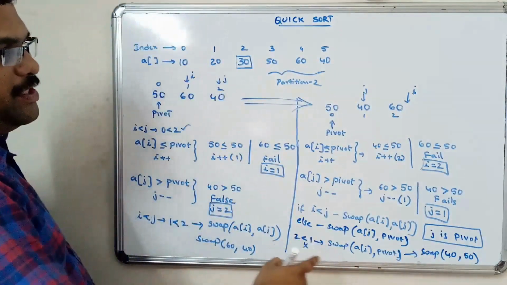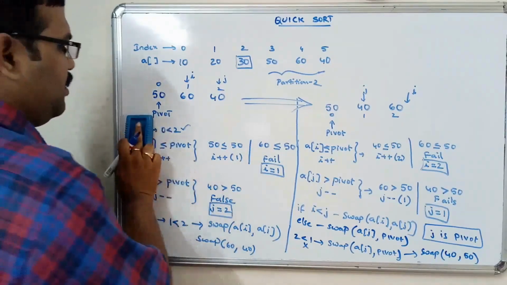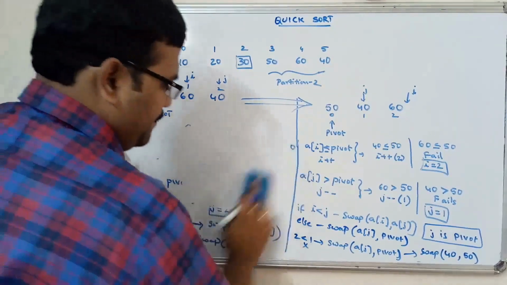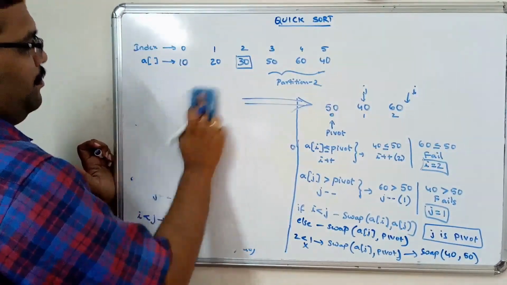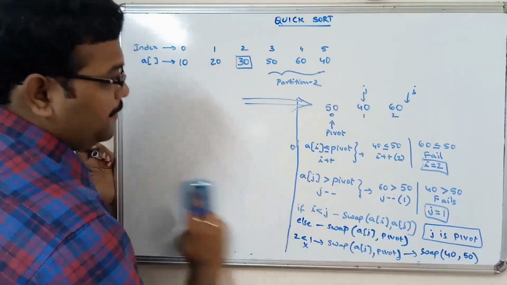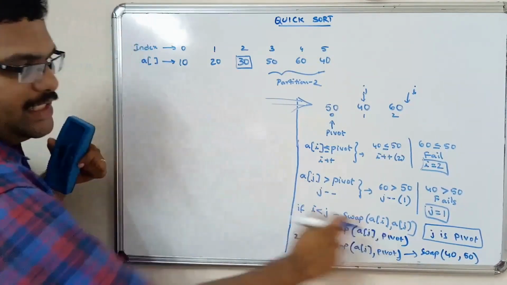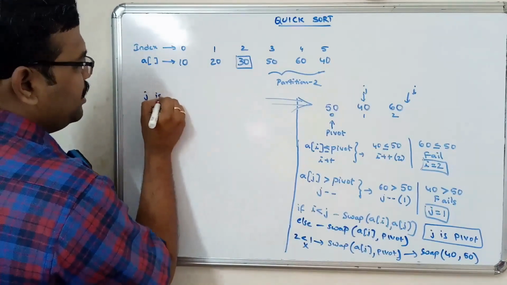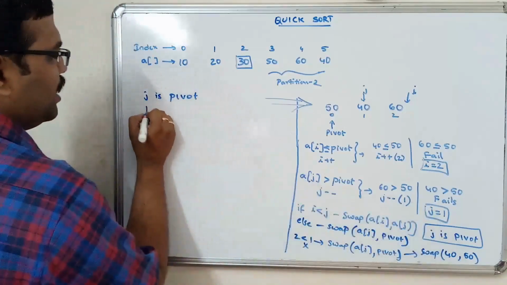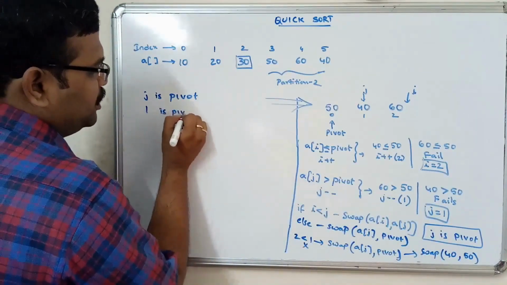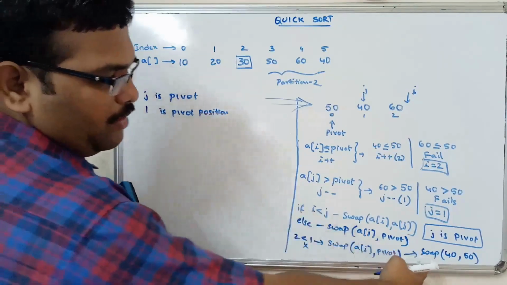So after completion of this, I will erase this one. Right. So here J is a pivot. Here what is the value of J? 1. So 1 is the pivot position. So we have to swap.